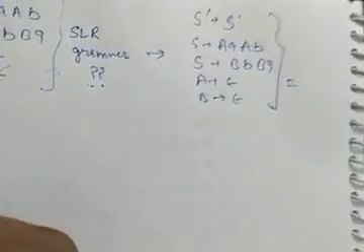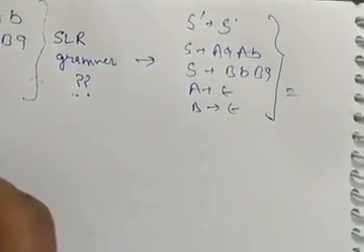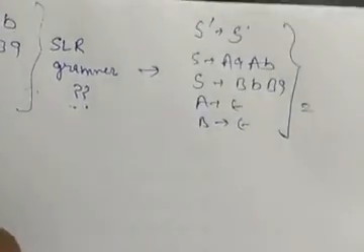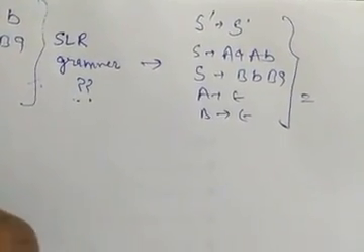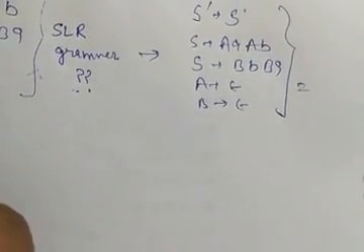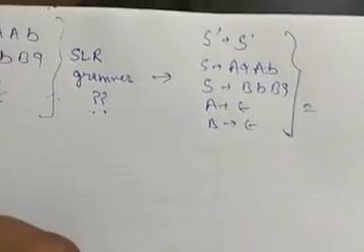After creating the augmented grammar, we will find the closure so that we can find the first set of items of the DFA. For closure, we use the concept of viable prefixes.